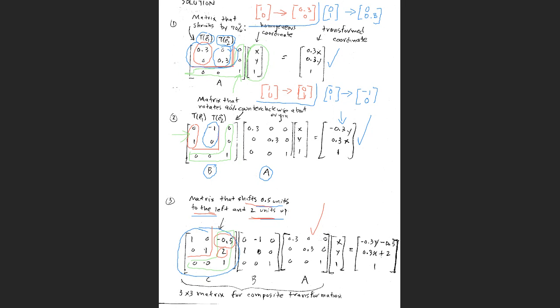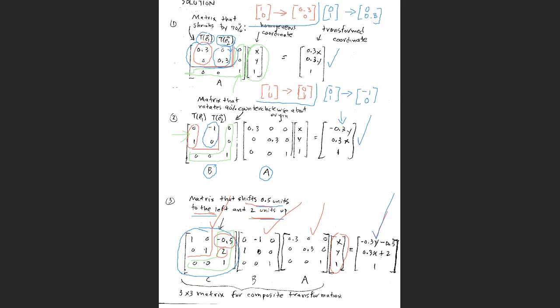Shrinking comes first, rotating comes second, and then translating comes last. And when you multiply CBA times the homogeneous coordinate x, y, 1, you get this transform coordinate here on the right.